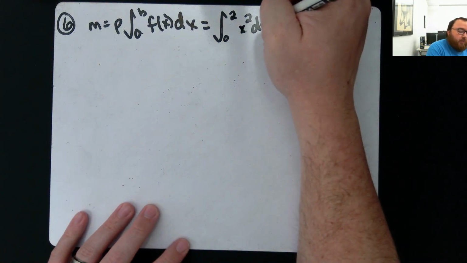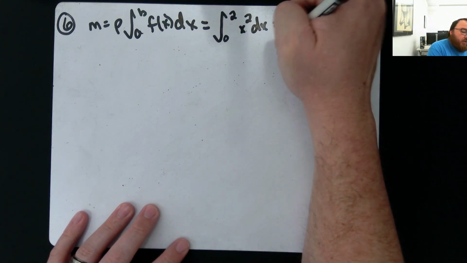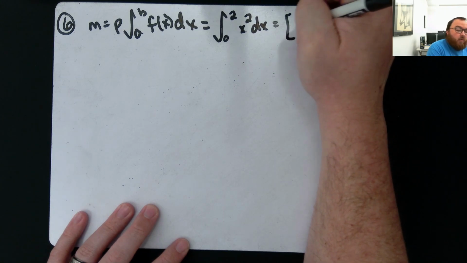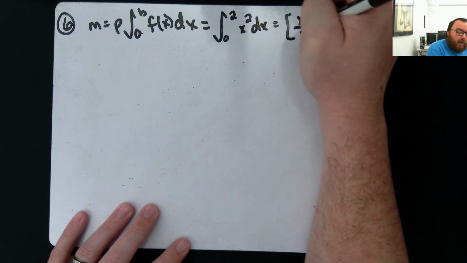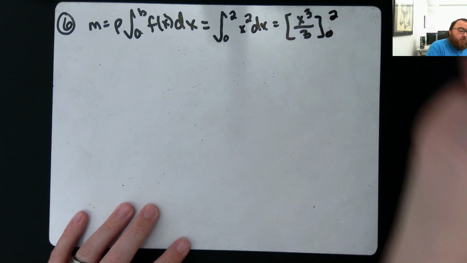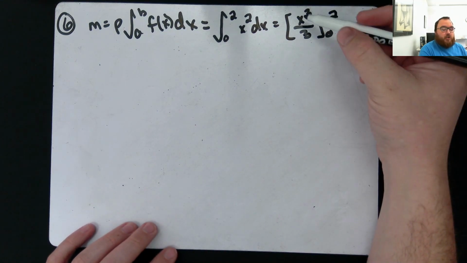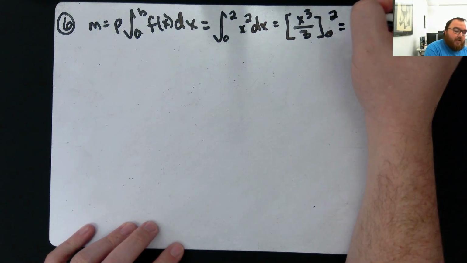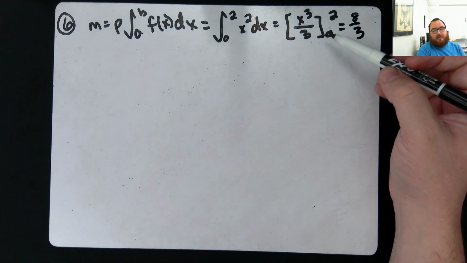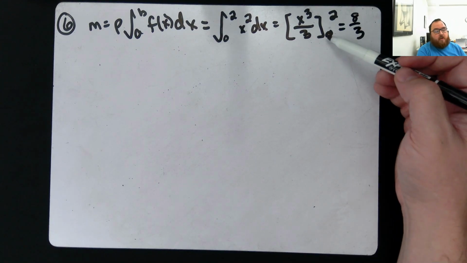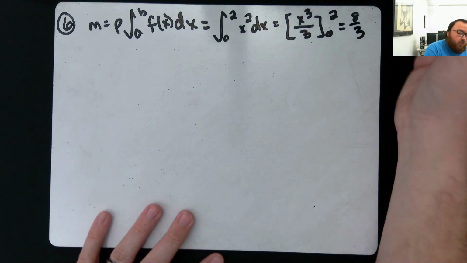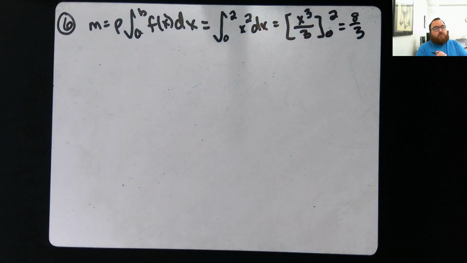Take the antiderivative of x squared. Remember, we're going to add 1 to the power and then divide by that new power from 0 to 2. I can plug in a 2. 2 to the third is 8, so that's 8/3. And if I plugged 0 in, it would just be equal to 0. So 8/3 is what I get.